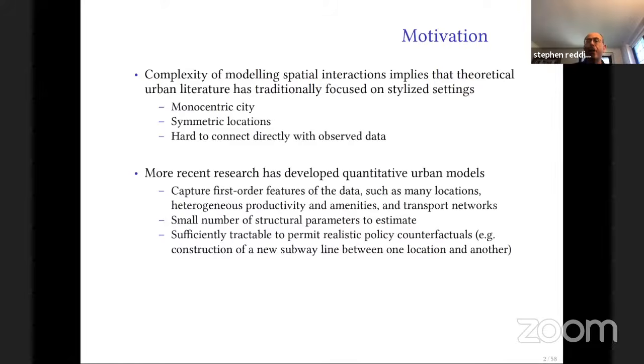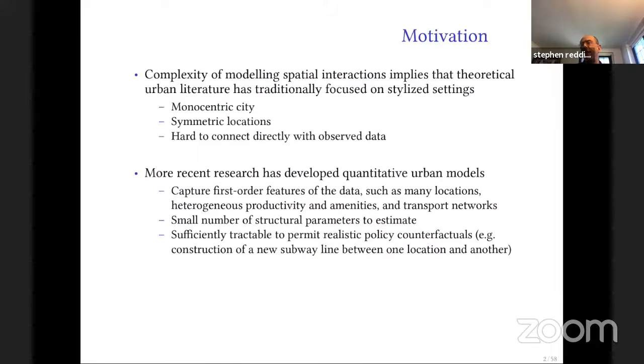On the other hand, they typically try to preserve a relatively small number of structural parameters that is feasible to estimate using variation in the data, using natural experiments. And despite the richness of these models, the idea is that they remain sufficiently tractable that we can actually use them to undertake realistic policy counterfactuals.